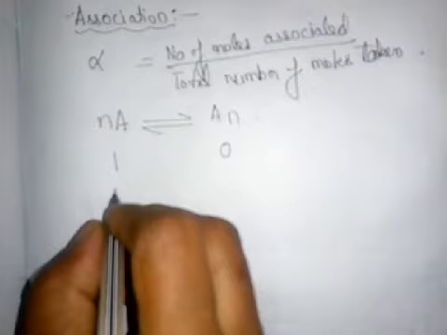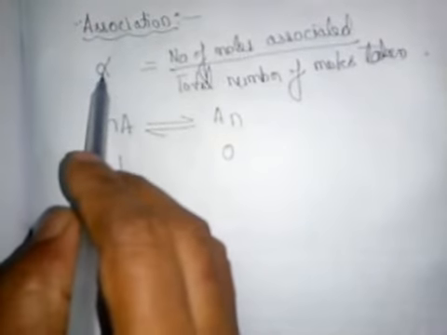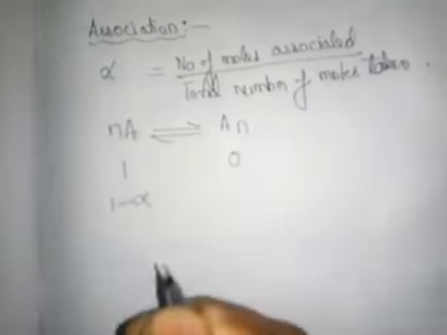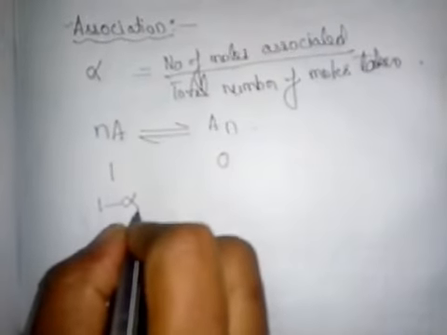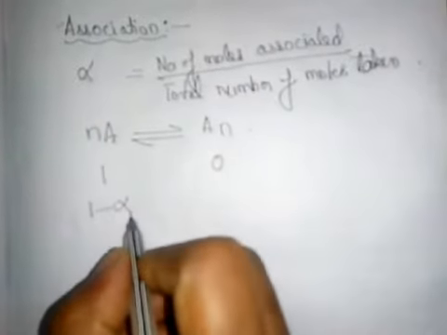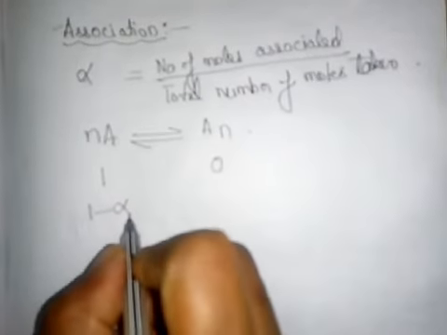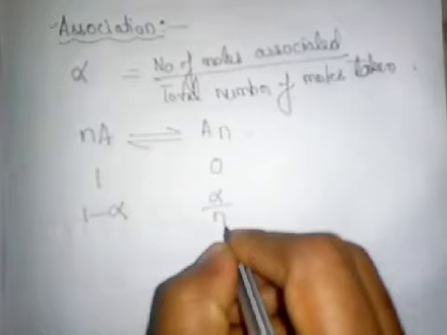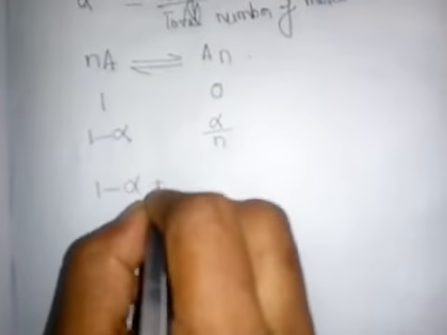Then at equilibrium, if alpha is the degree of association, then the number of moles of A which are left at equilibrium will be 1 minus alpha, so that here alpha by n molecules are formed. Then total number of moles will be equal to 1 minus alpha plus alpha by n.